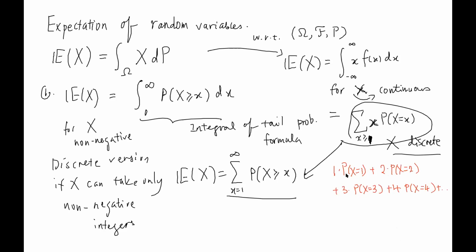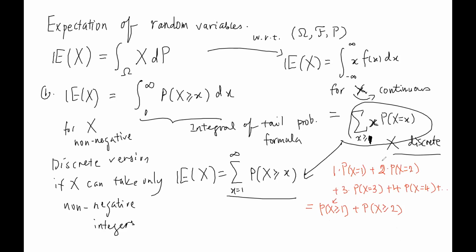So you see that over here, this is equal to P(X greater than or equal to 1), right? You take out the 1 and you group it with this sum, and then you also take out 1 and group it with this sum. So it will form this one, okay? And then you take P(X greater than or equal to 2), right?